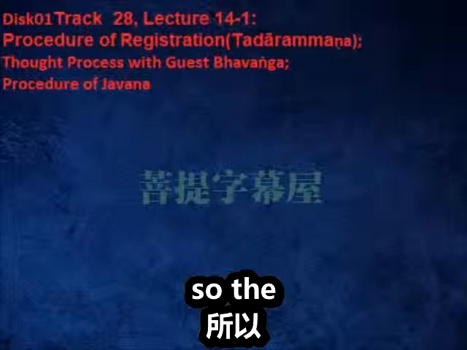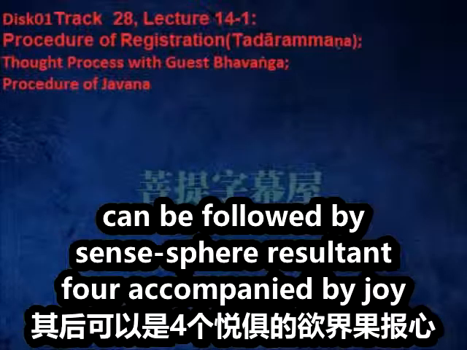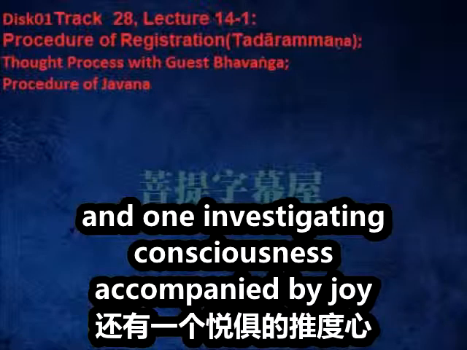So the sense sphere functional javanas accompanied by joy can be followed by sense sphere resultant 4 accompanied by joy and 1 investigating consciousness accompanied by joy.